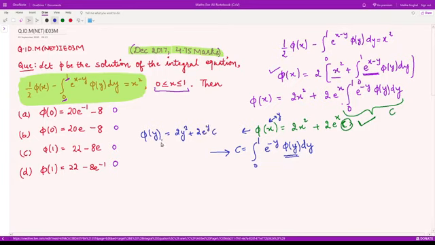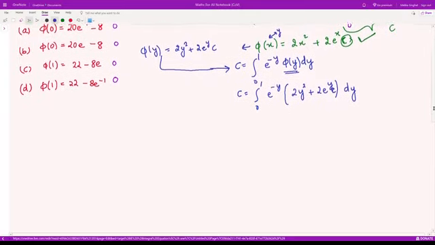So let me substitute this value into this equation. So we'll have c is equal to integration from 0 to 1 e to the power minus y multiplied by 2y square plus 2 e to the power y into c dy. So this is our equation.